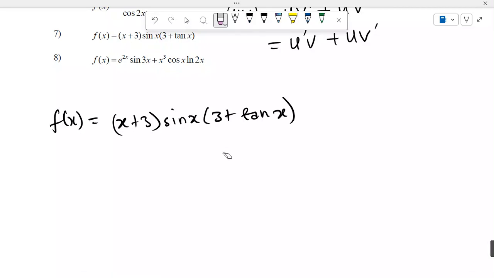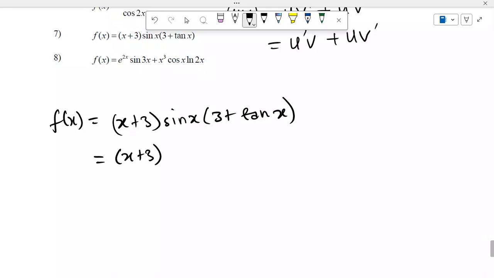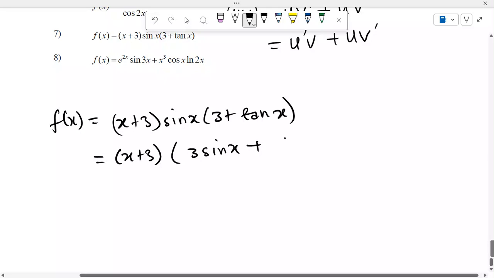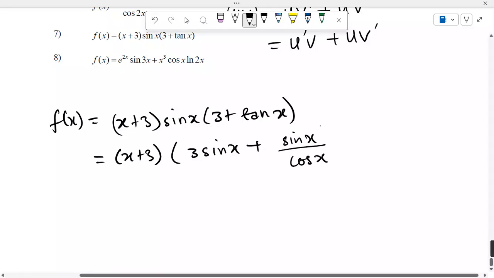If we multiply sine throughout inside this bracket, we'll have 3 sine x plus, we know tan x is sine x over cos x.